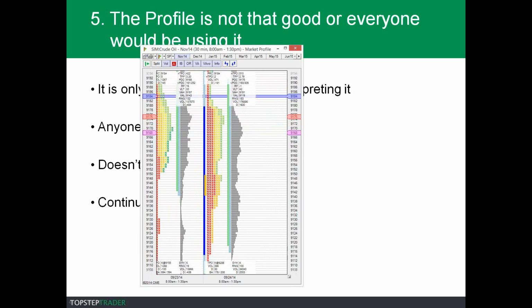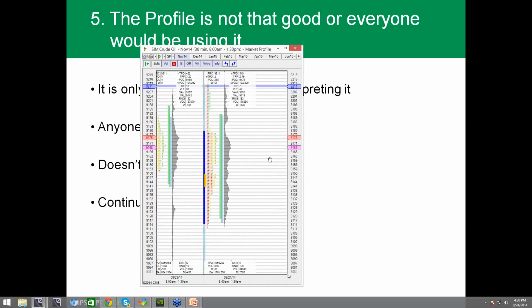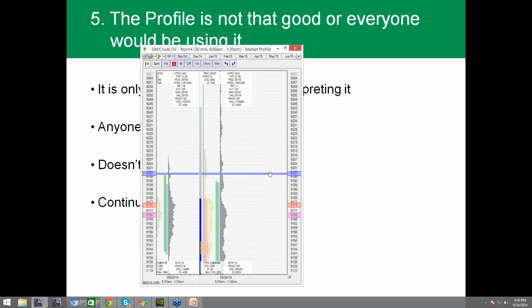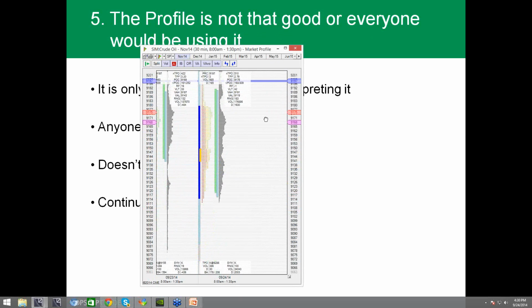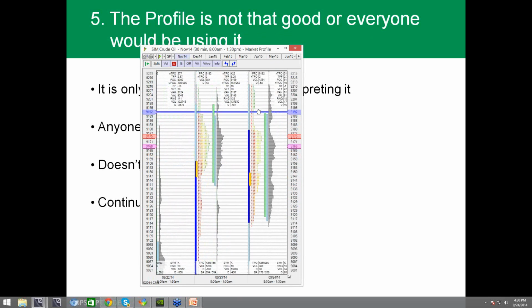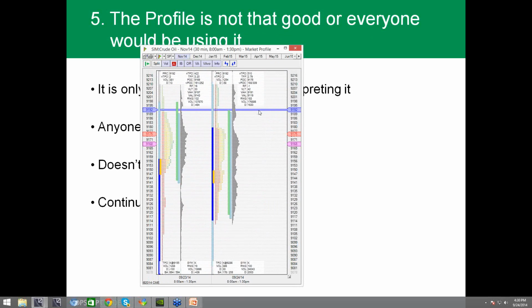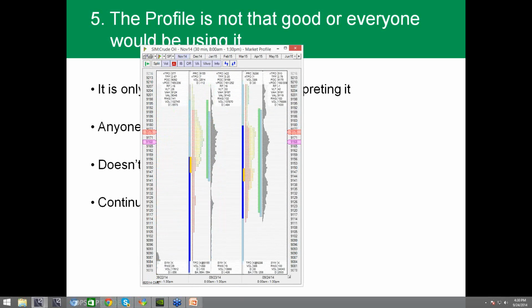The value areas in certain platforms seem to have an algorithm with them that doesn't really represent 70%.